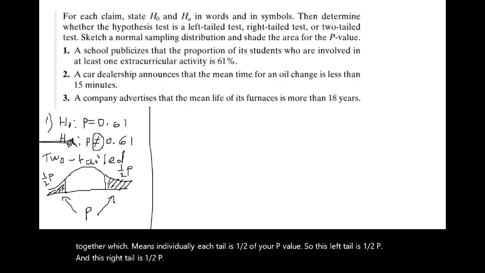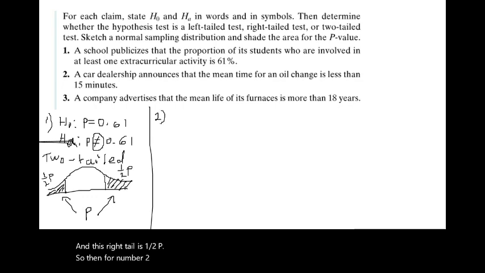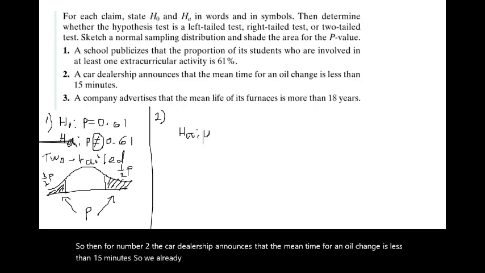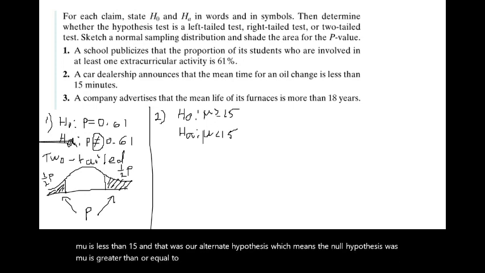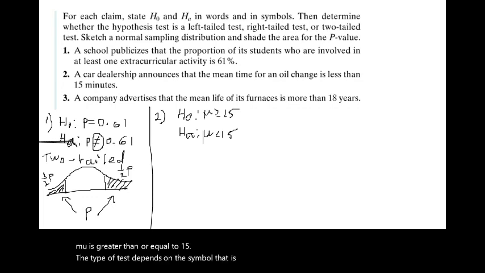So then for number 2, the car dealership announces that the mean time for an oil change is less than 15 minutes. So we already determined our null and our alternate hypothesis. The claim was mu is less than 15, and that was our alternate hypothesis, which means the null hypothesis was mu is greater than or equal to 15. The type of test depends on the symbol that is in the alternate hypothesis.